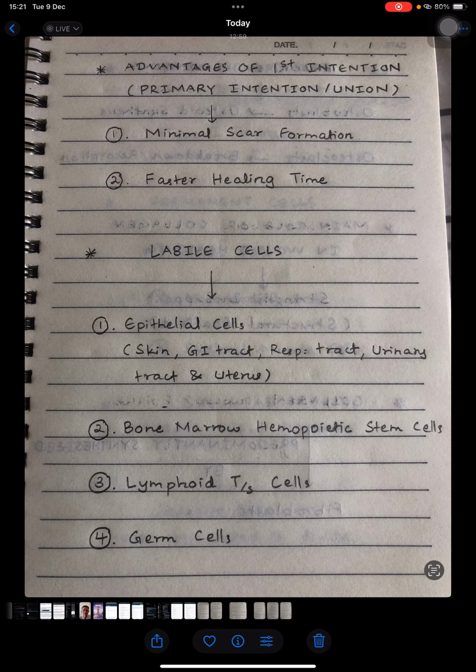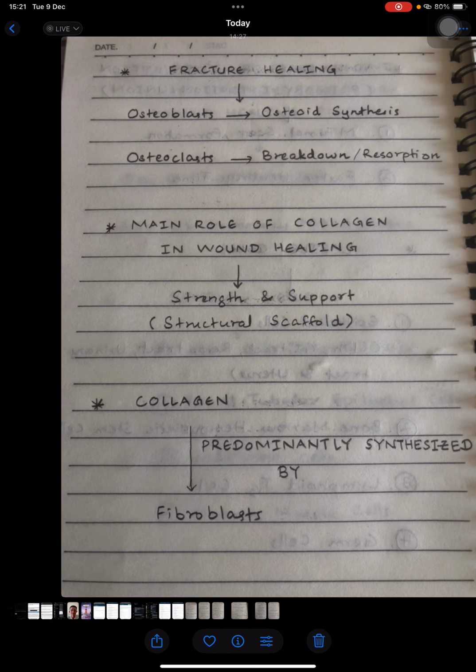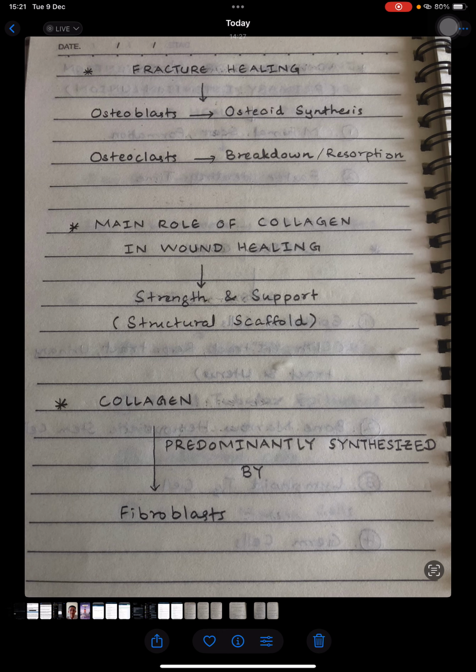The second example is bone marrow hematopoietic stem cells. The third one is lymphoid tissue cells, and the fourth one is germ cells. All these 4 types of cells are called labile cells. Alright, let's go to the next page.